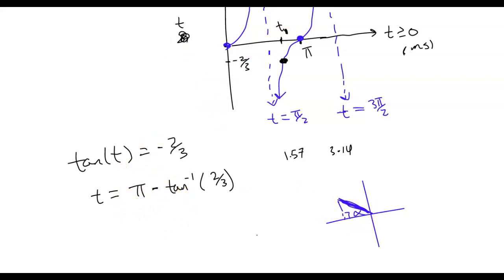I'm going to erase this for now. If I wanted to look at this, t, which is going to be my angle, is going to be pi minus the reference angle.